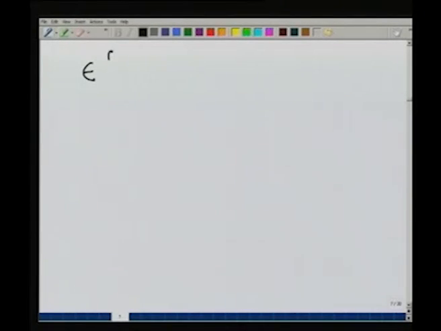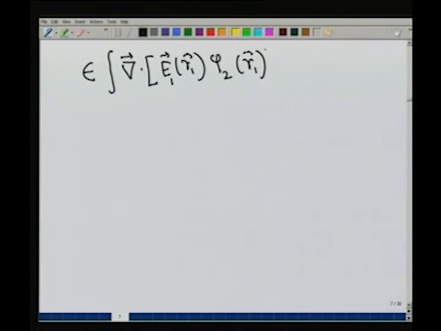Now let me examine each of these terms and see what it means. What was the first integral? The first integral was simply given by epsilon naught divergence of E of R1 phi 2 of R1 into d cubed R1. This integration is over the whole space.